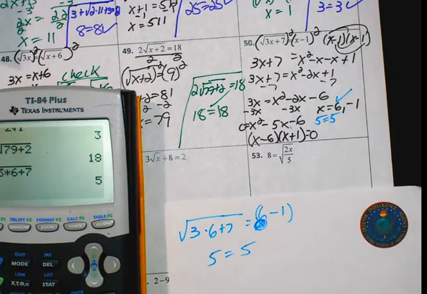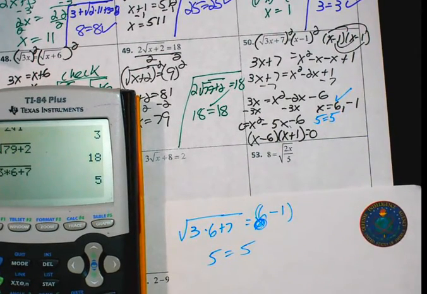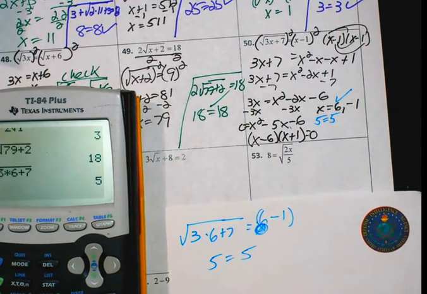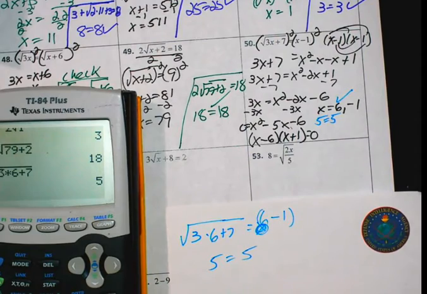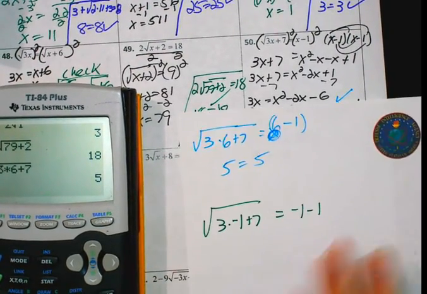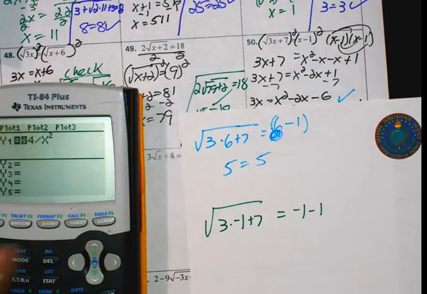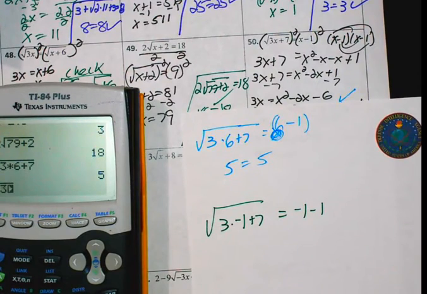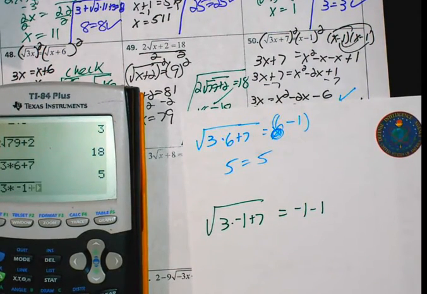Let's try negative 1 to see if that one works. The square root of 3 times negative 1 plus 7 equals negative 1 minus 1. On the left side we have second square root of 3 times negative 1 plus 7.